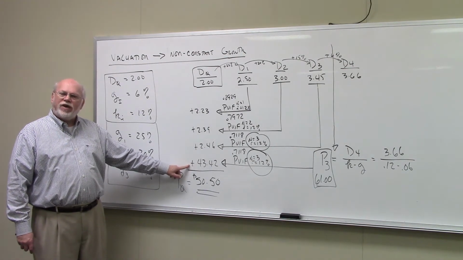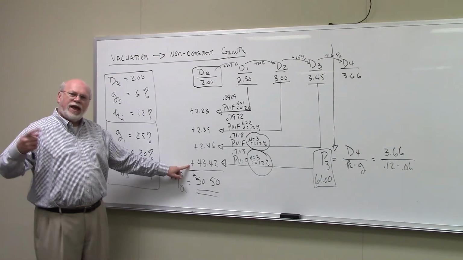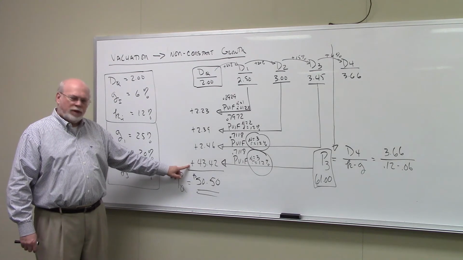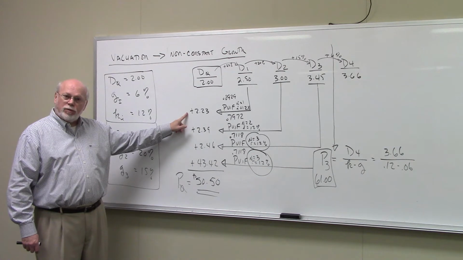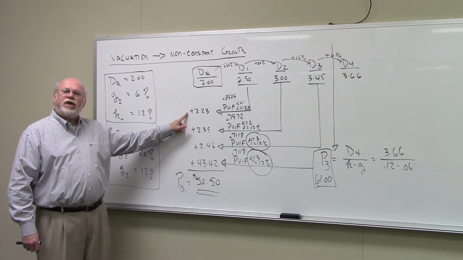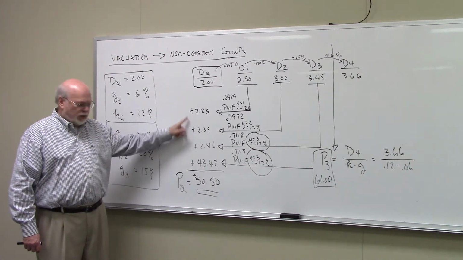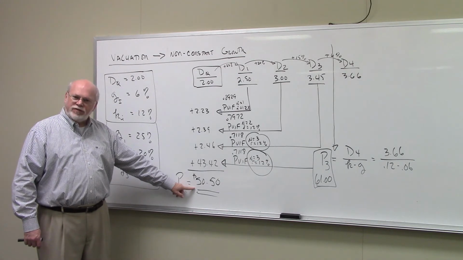This is the present value of all the dividends received after supernormal growth. Add that to the present value of the dividends received during supernormal growth, and you'll have the present value of all future dividends, which is $50.50.